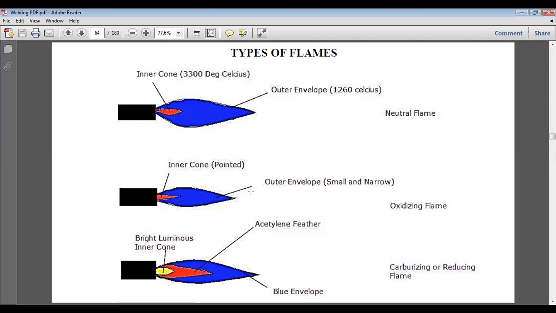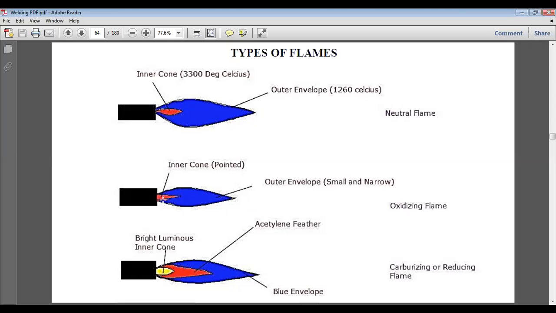The oxidizing flame has more temperature as compared to the normal neutral flame. And we have a small and narrow outer envelope. The other one is more spread and has more curve, and this has less curve. So the phenomenon is quite clear.